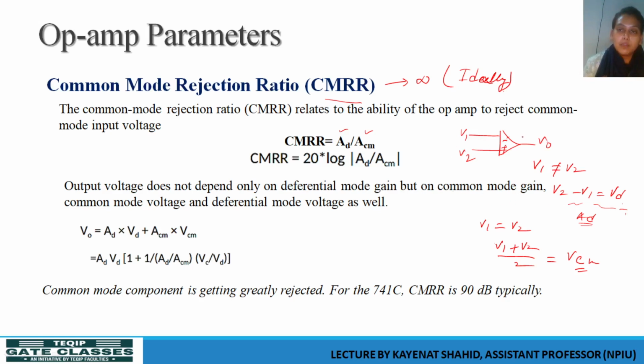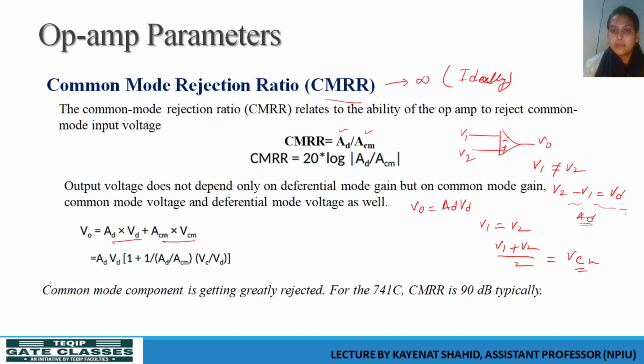So the output actually depends on both the differential gain and the common mode gain, okay? What we are saying is that the output is the effect of not AD times VD only.